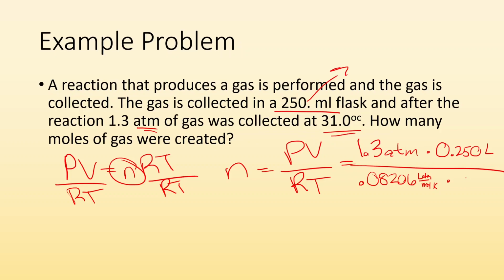So I convert 31 Celsius to 304 Kelvin. Now when I get my handy dandy calculator and plug and chug, I get 0.013 moles. So I ended up with 0.013 moles of whatever the gas was.